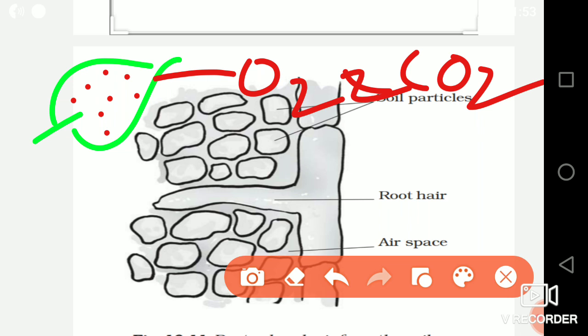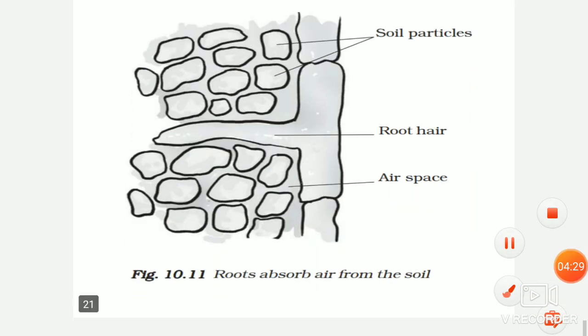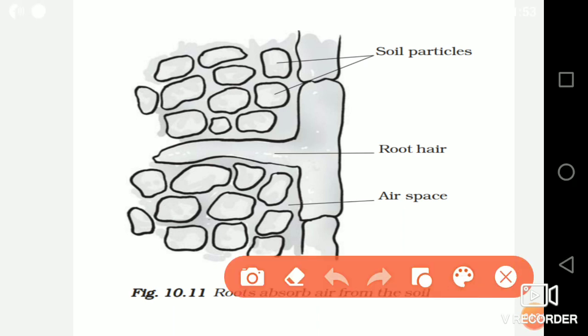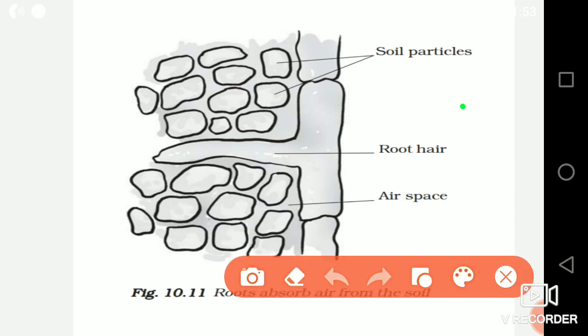This respiration process also takes place in the root, as you can see here. In the root there is the air space, you can see the air space here.